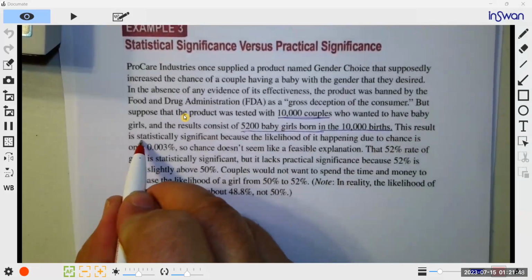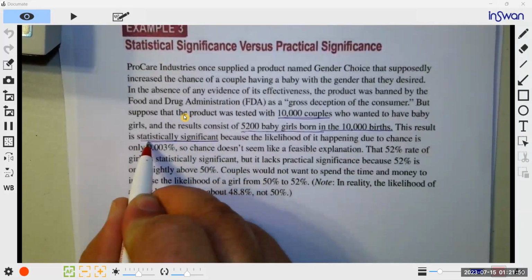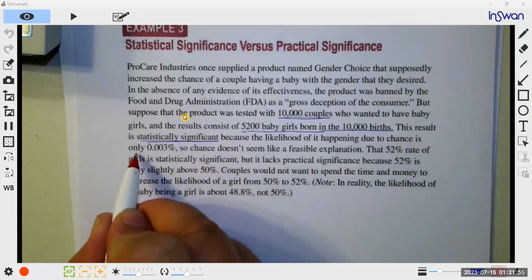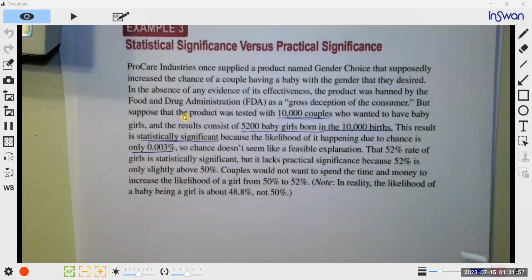This result is statistically significant because the likelihood of it happening due to chance is only about 0.03 percent.